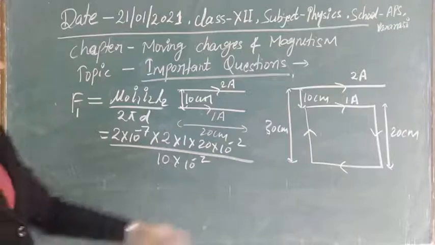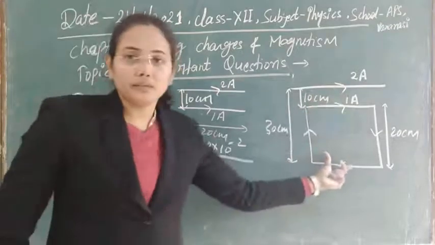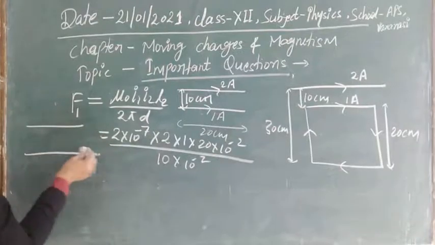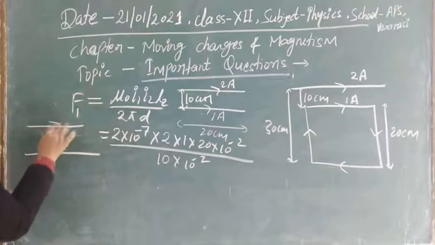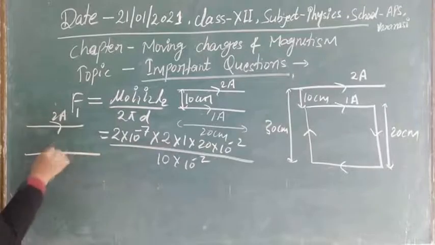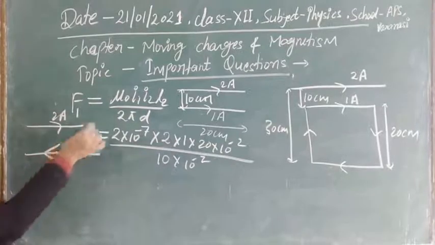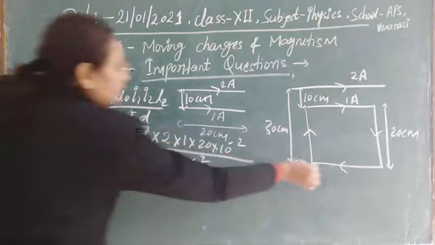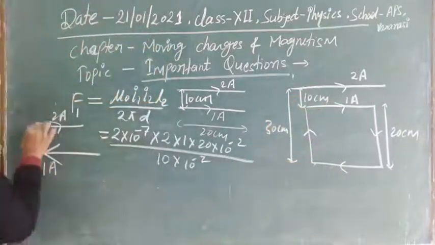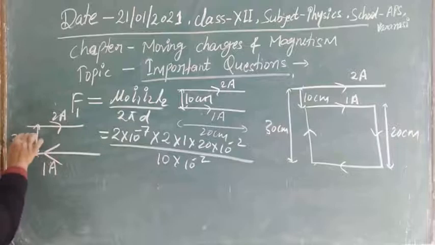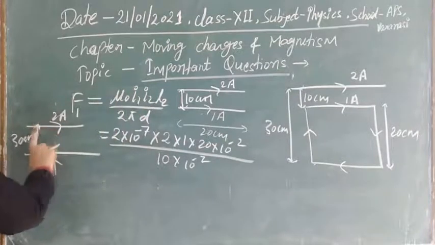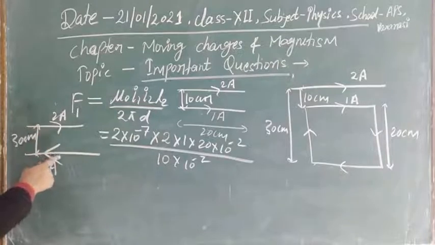Again, here we have one more pair of parallel conducting wires. Here the current is 2 ampere, with the direction you are seeing here, and here 1 ampere current is flowing. The distance between this wire and this wire is 30 centimeter. In the same way, you can find the force in this case.